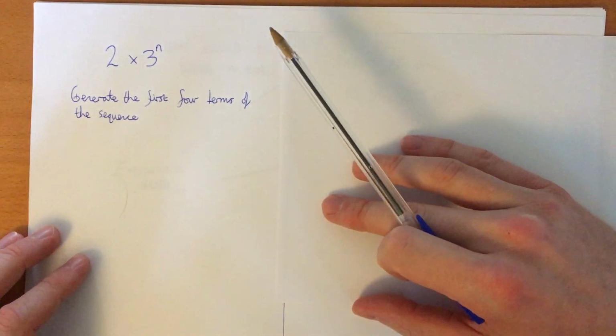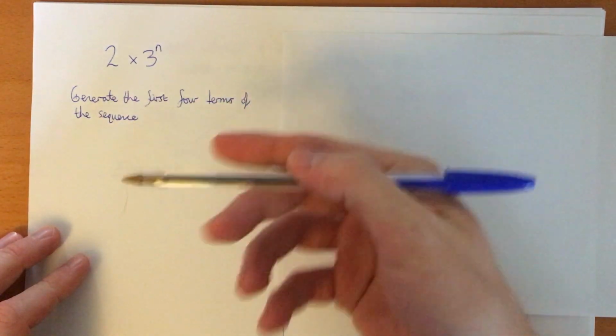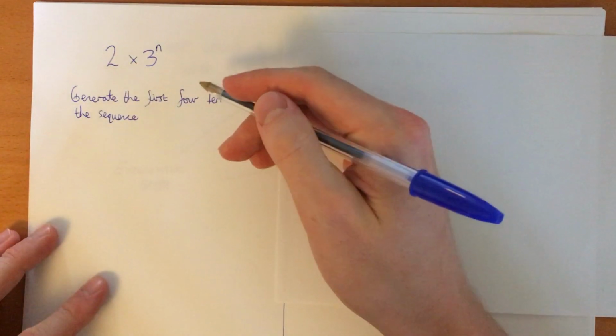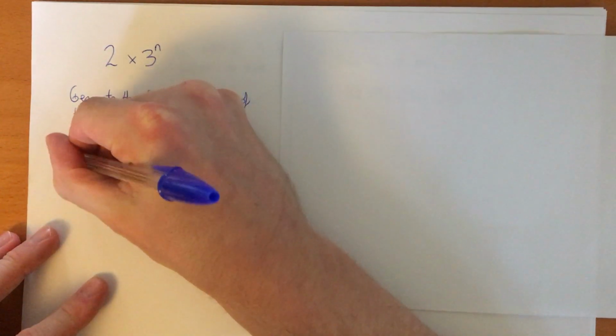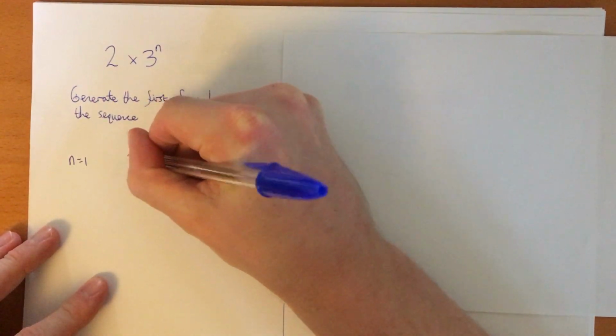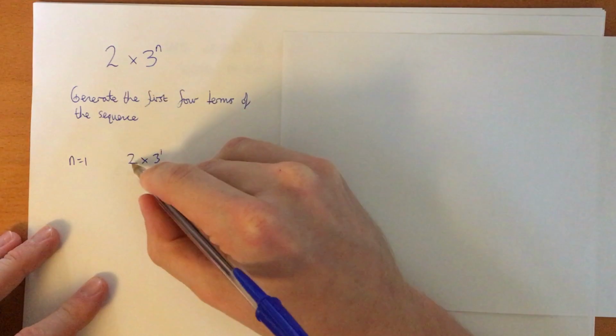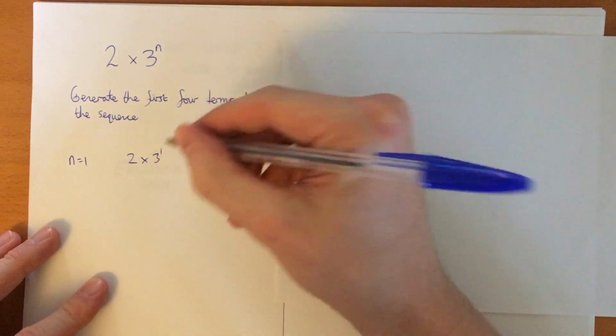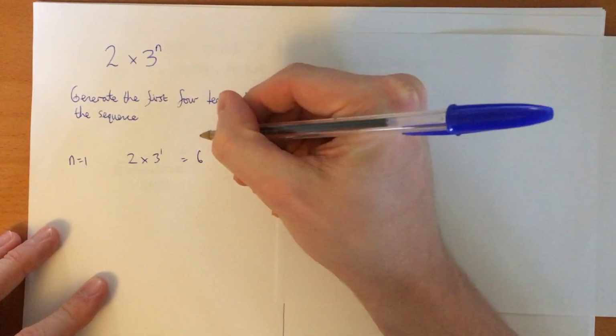We want to work out when n equals 1, so the first term. So when n equals 1, it will be 2 times 3 to the power of 1, which is just 2 times 3, so that equals 6.